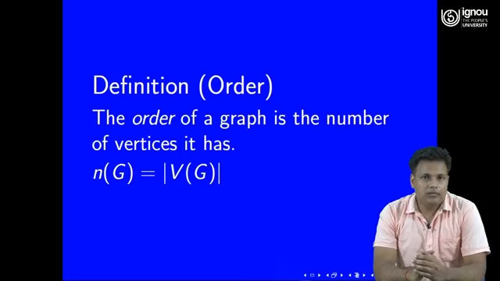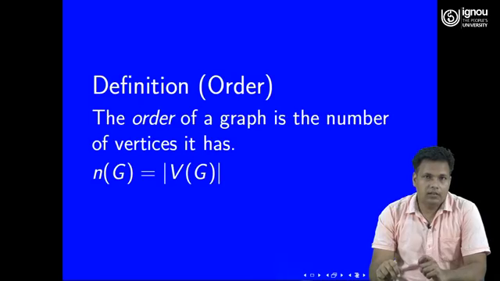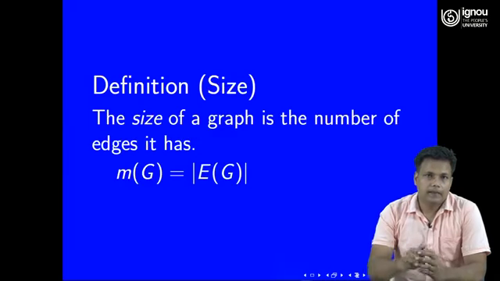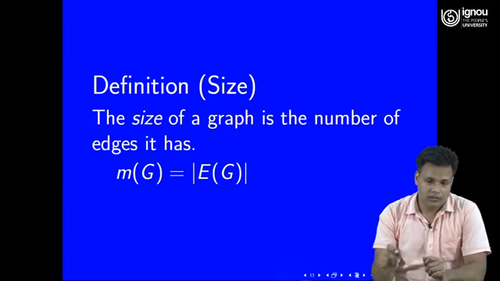Order of a graph is nothing but the number of vertices in it, and we shall denote it by the notation n(G), which is just the cardinality of its vertex set. Similarly, a graph also has a size, which is the number of edges it has, and we shall use the notation m(G) to denote the size of a graph G.